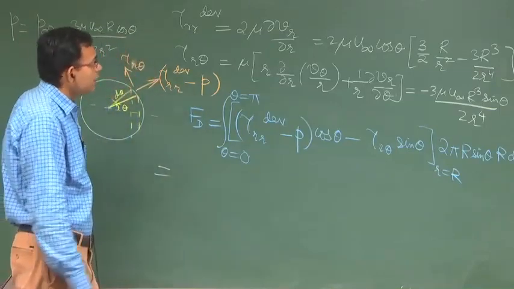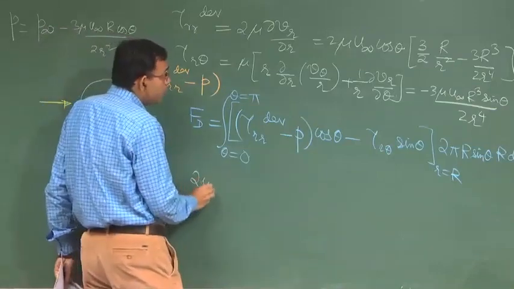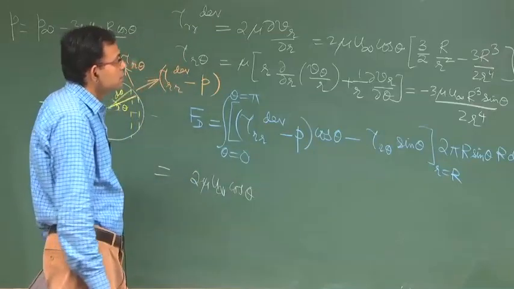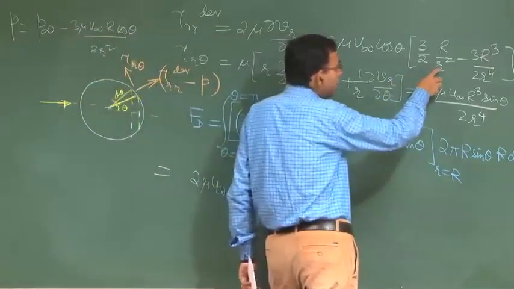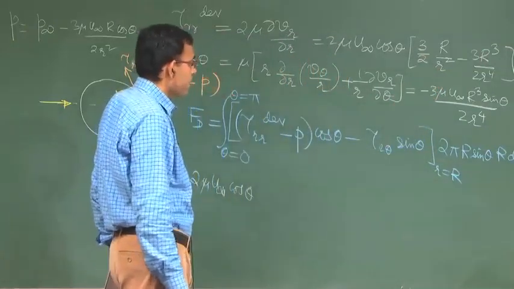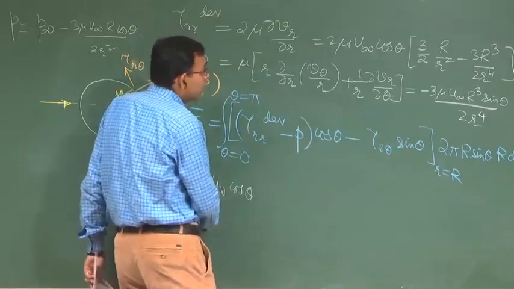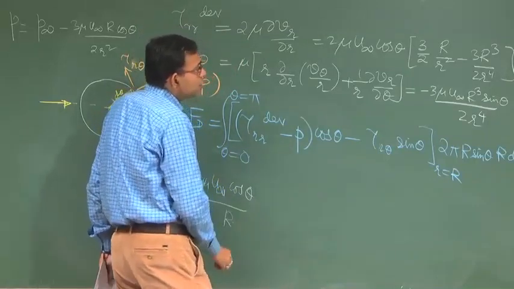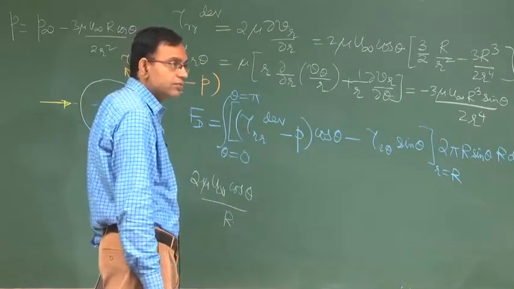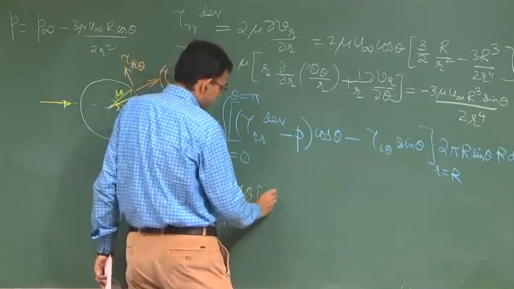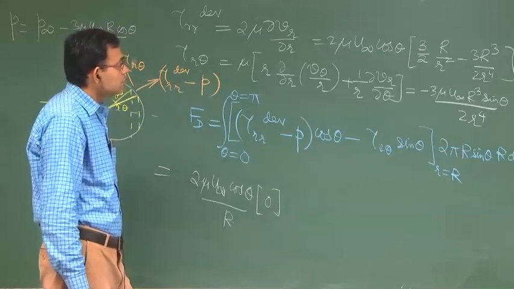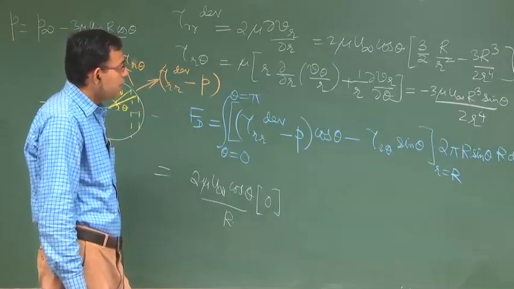Tau r deviatoric is 2 mu u infinity cos theta. If you put r equal to small r equal to capital R, then you divide by r into 3 by 2 minus 3 by 2. So, that is 0, right. Minus P cos theta.